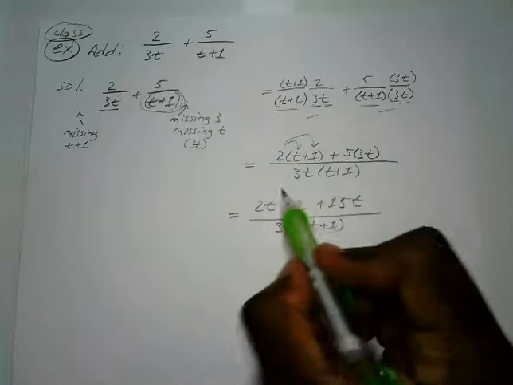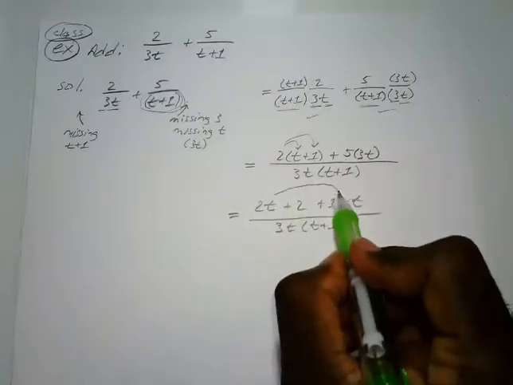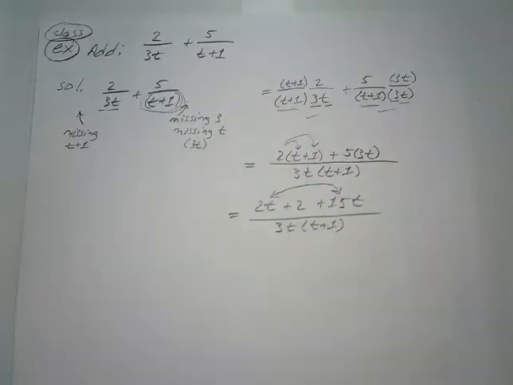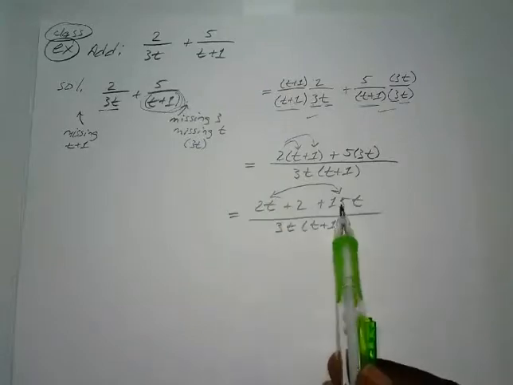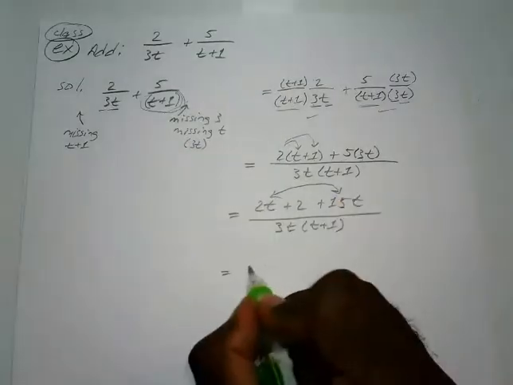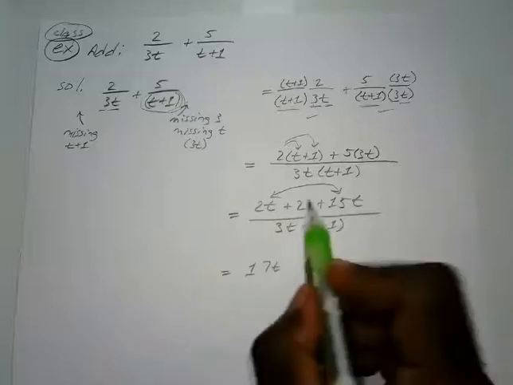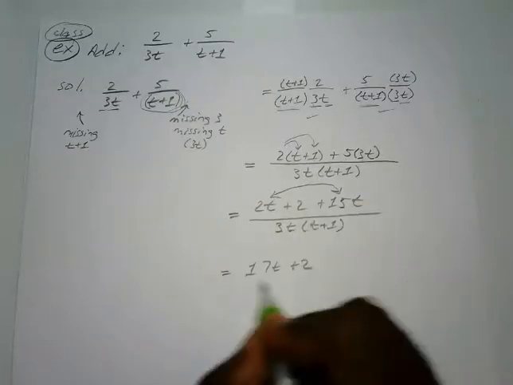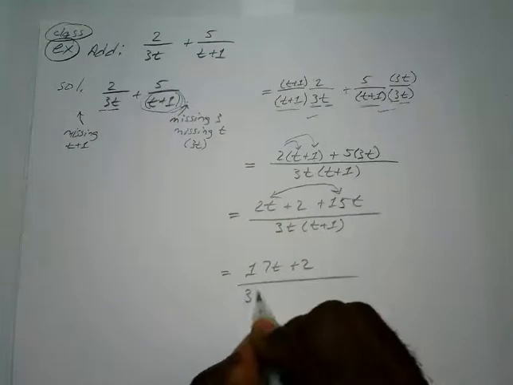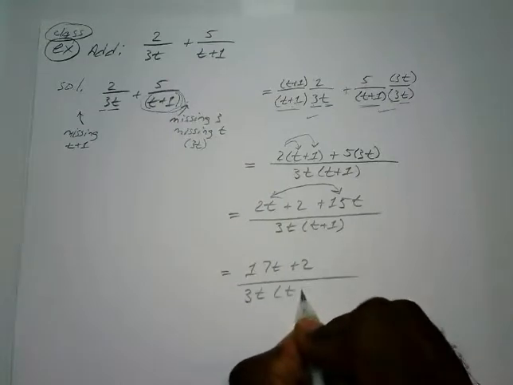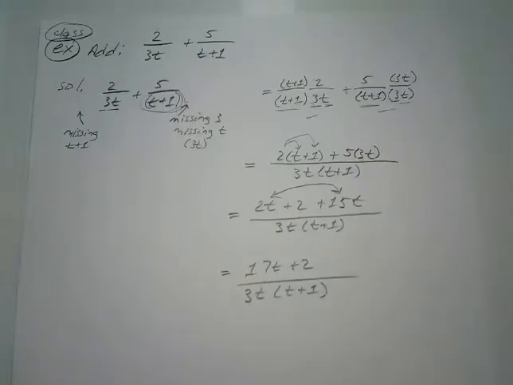Alright, so if we look carefully, we can combine those two terms in our numerator. So 2t plus 15t is 17t. Plus that 2, can't forget that, all over 3t times t plus 1.